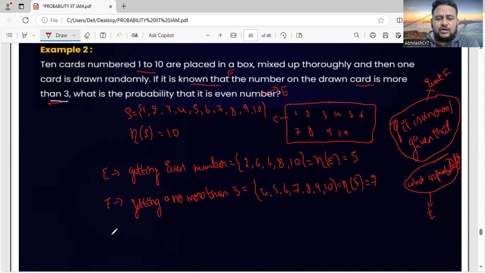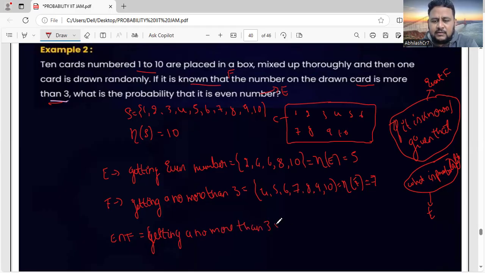Now we have to find E intersection F, which means getting a number more than 3 and which is an even number.